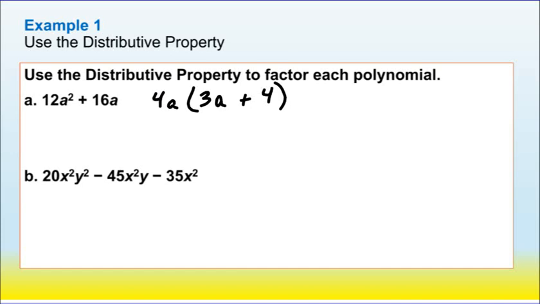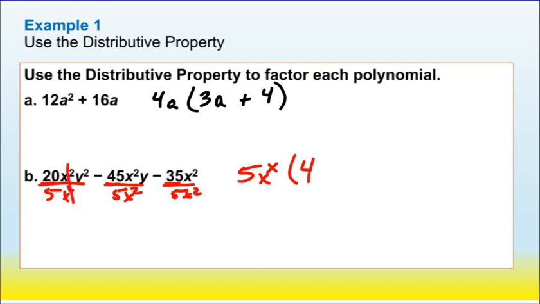This next one, I have 3 terms here. I look at 20, 45, and 35. The biggest number I can factor out of all of those would be a 5. All 3 of them have x's, and the most x's I can take out of all of them is an x squared. The last term does not have a y, so I cannot divide a y out. So if I divide everything by 5x squared, 20 divided by 5 is 4.